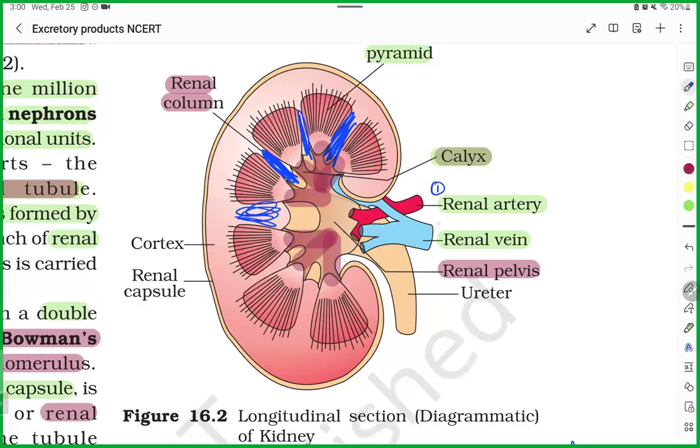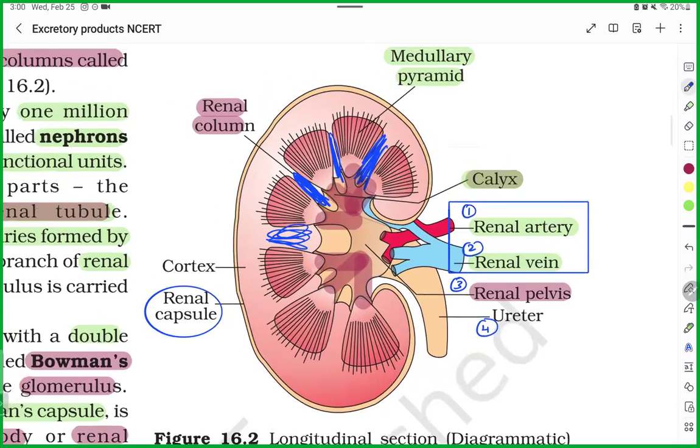If first is artery, second is vein, then renal pelvis, then ureter, outside layer capsule, then cortex, renal column, pyramid. Everything else you can figure out. You will be confused between which one is the renal artery and renal vein. So the upper one is the artery.